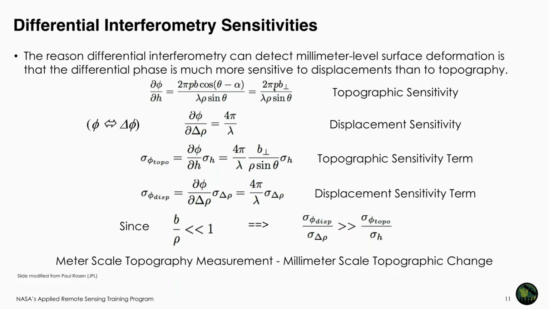That greatly reduces the sensitivity to topography, whereas the sensitivity to the displacement, as I keep saying, is this 4 pi over lambda factor, where lambda is the radar wavelength. And these are just the derivative forms.